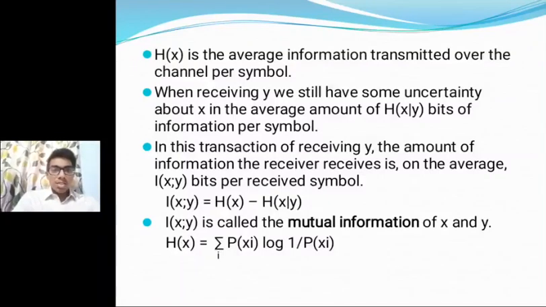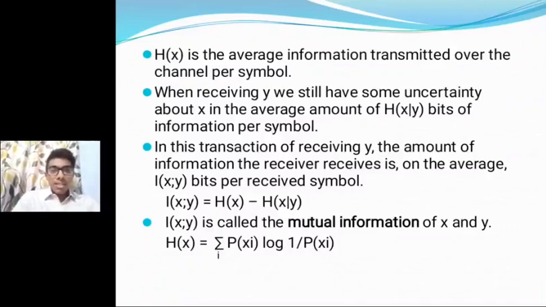Now in this transaction, when y is received, the amount of information the receiver receives is on the average I(X;Y) bits per symbol, where I(X;Y) is equal to H(X) minus H(X/Y).